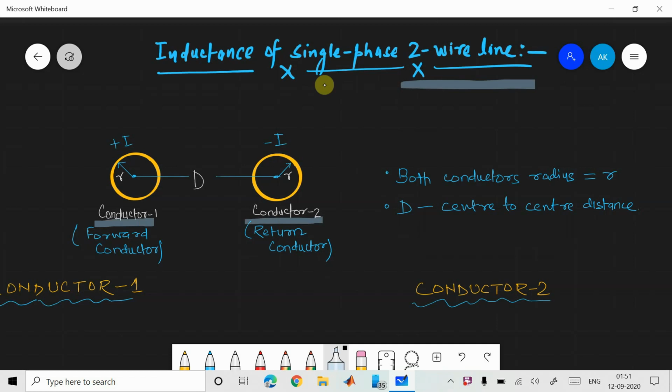One conductor will be called the forward conductor, which will carry current plus I, and the radius of this forward conductor is R. The other conductor is conductor 2, which is actually the return conductor.